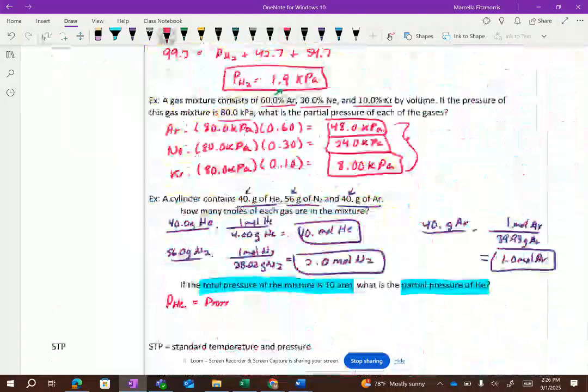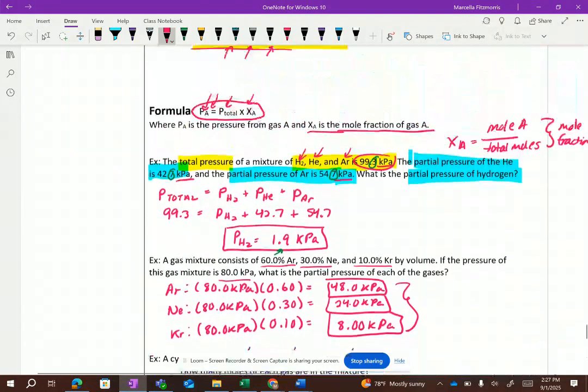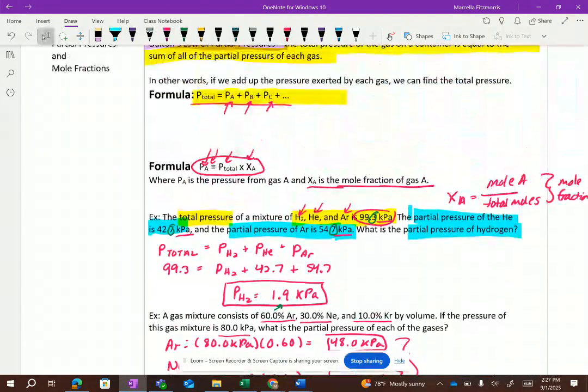Now that I've got that written down, this is pretty easy because we want to know the pressure of helium. That equals the total pressure, which they told us is 10 atm, times the moles of helium. Let's see, the moles of helium was up here. We just calculated that 10 point. Why do I write the dot after?